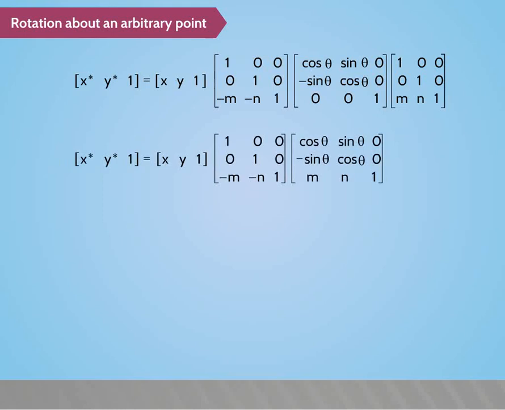[X asterisk, Y asterisk, 1] is equal to [X, Y, 1] times the matrix [1 0 0; 0 1 0; minus M, minus N, 1] times the matrix [cos theta, sin theta, 0; minus sin theta, cos theta, 0; M, N, 1].